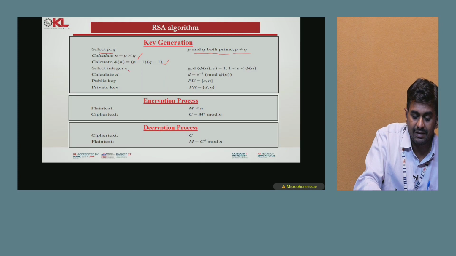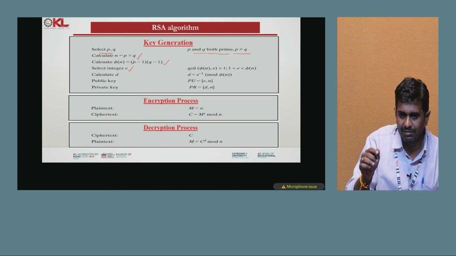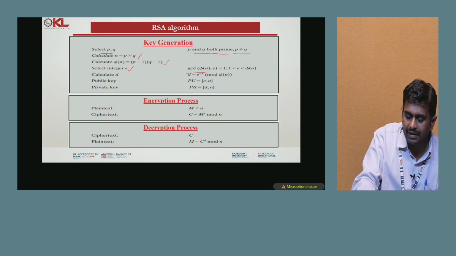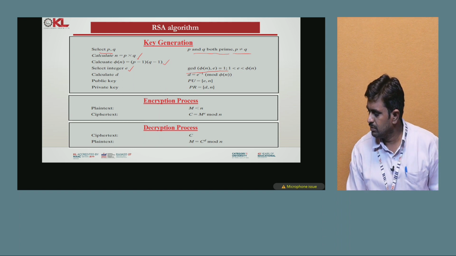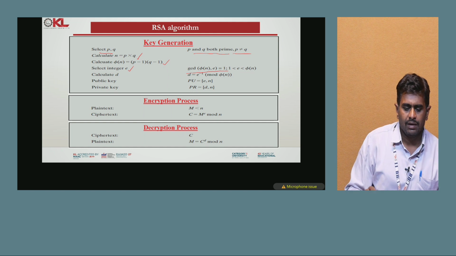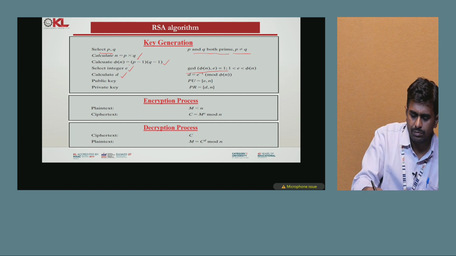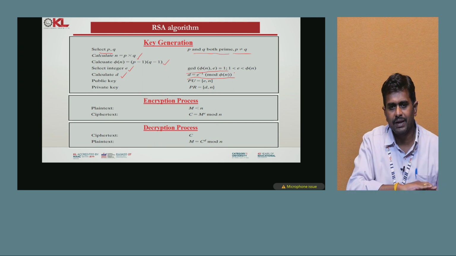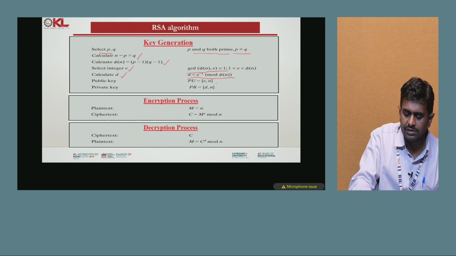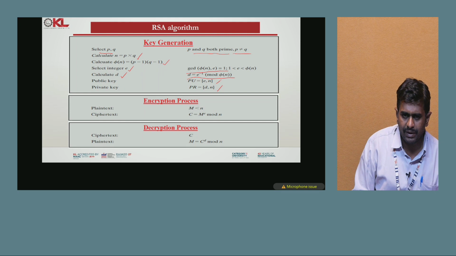Now select one integer value, the E value, based on the greatest common divisor: the greatest common divisor of phi n comma E should be equal to 1. Now calculate the D value with the formula D into E mod phi n equals 1. Then these two are the public key and the private key.